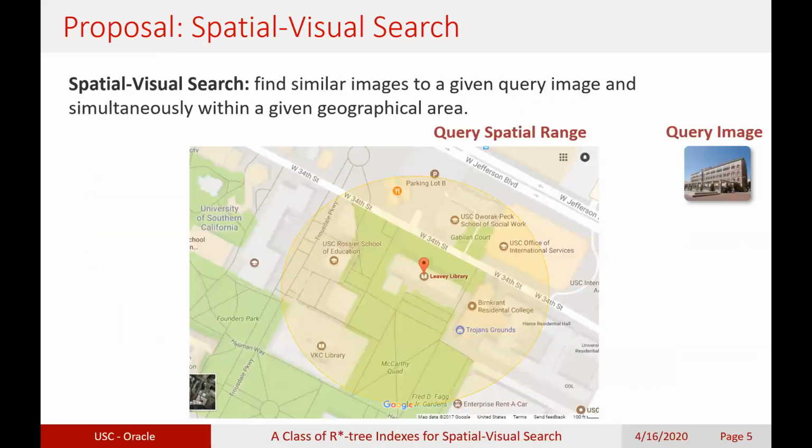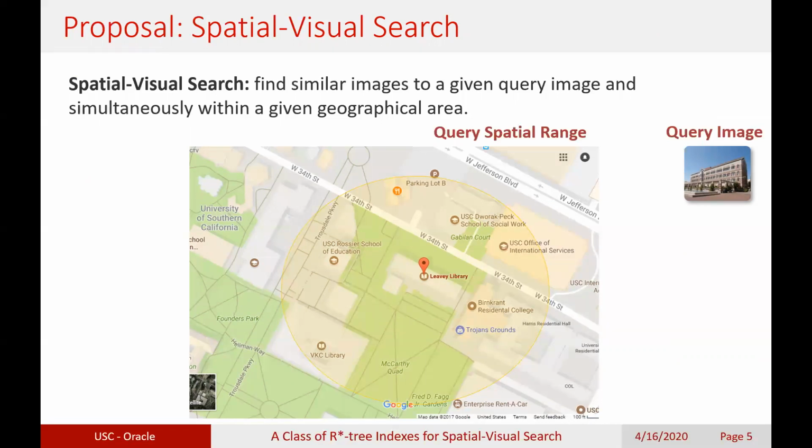The visual data management can be used in searching geotagged images in multiple forms. One way is to search for similar images using an example image. Another way is to retrieve the images within a geographical region. Hence, it seems natural to combine these two mechanisms to search images based on both spatial and visual relevance.